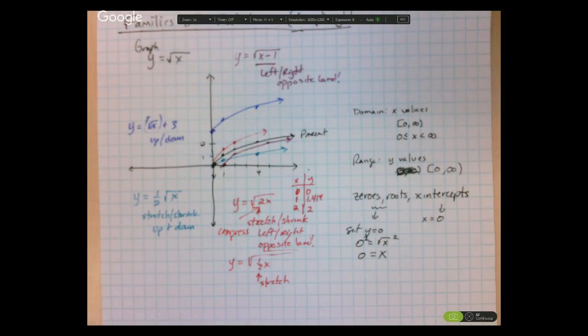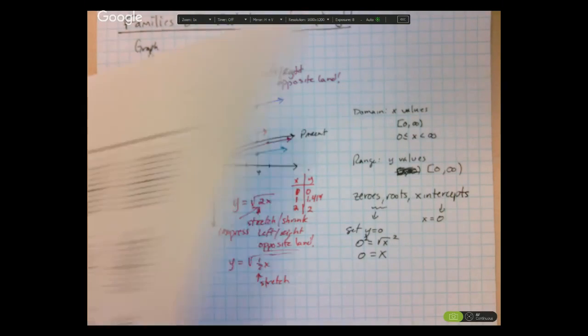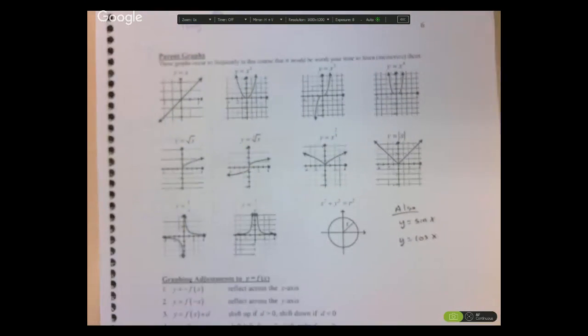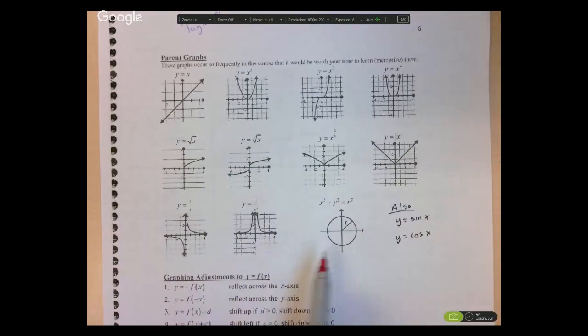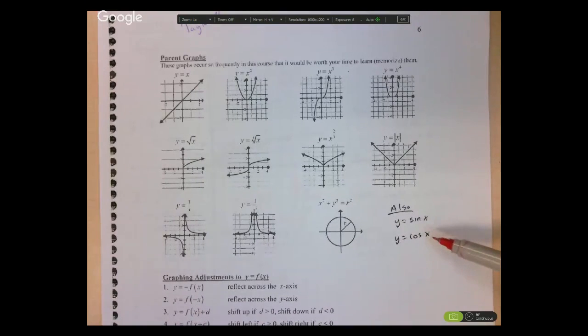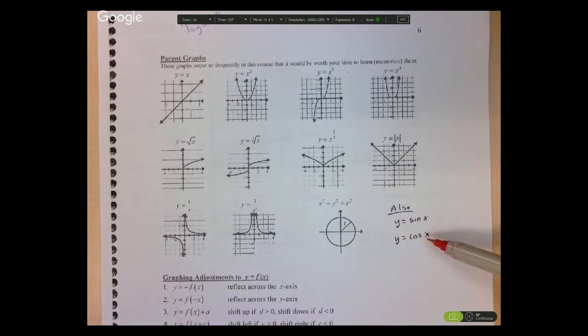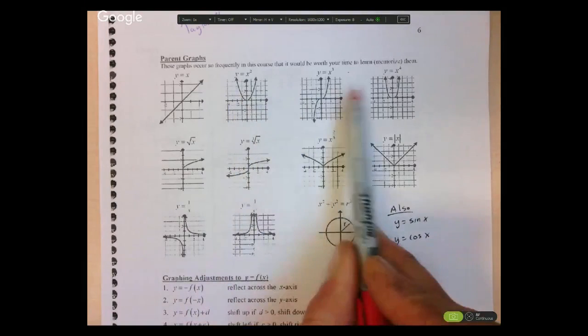I have given you a reference sheet in your Google Classroom. This has all of the main ones you need to memorize on it. I want you also to memorize sine and cosine. I'm going to draw these on my paper in a sec, but y equals x, x squared, x cubed, x to the 4th.